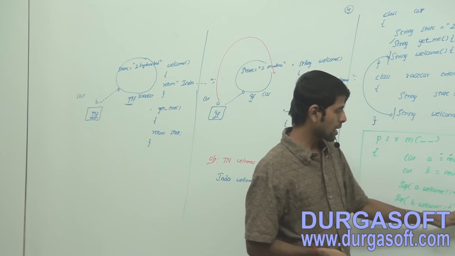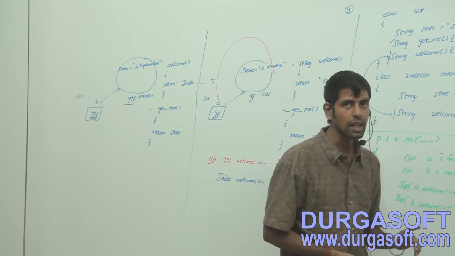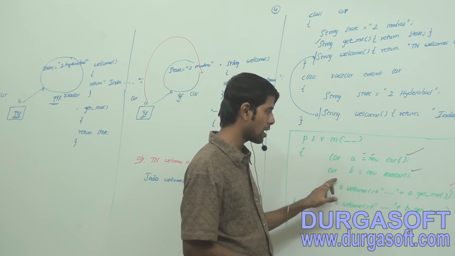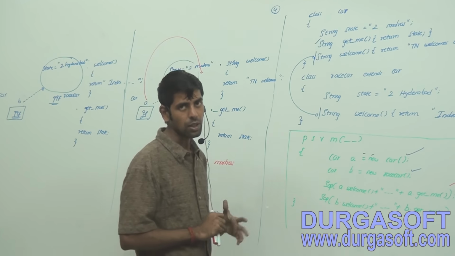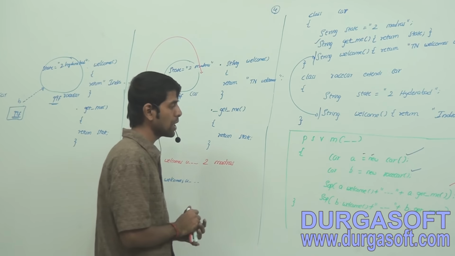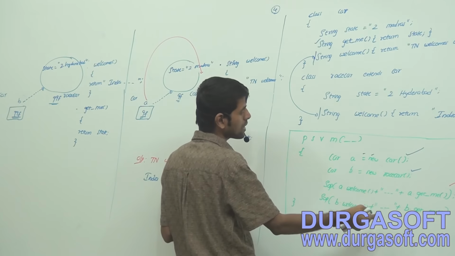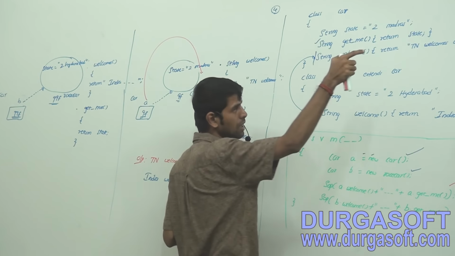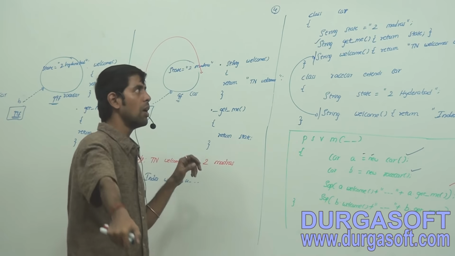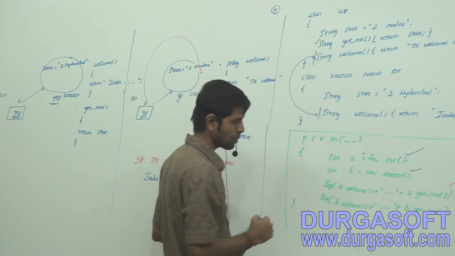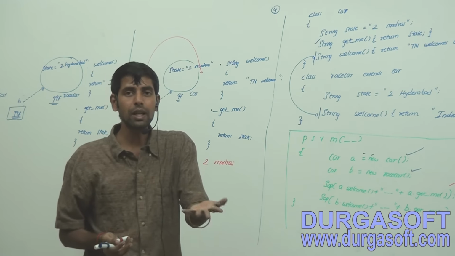B dot get name. What is that? What is the type of B here? Car. Important. The twist comes here. B dot get name. Within the car, do we have get name method? Yes, we have. What is this method returning to us?